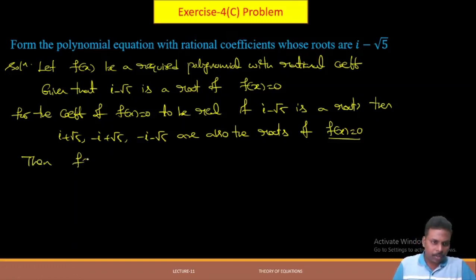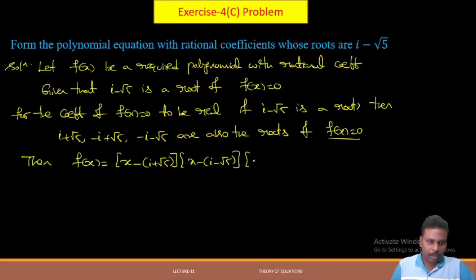Then f of x is equal to x minus of i plus root 5, into x minus of i minus root 5, into x minus of minus i plus root 5, into x minus of i minus root 5.